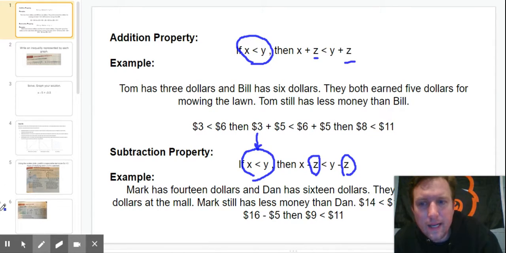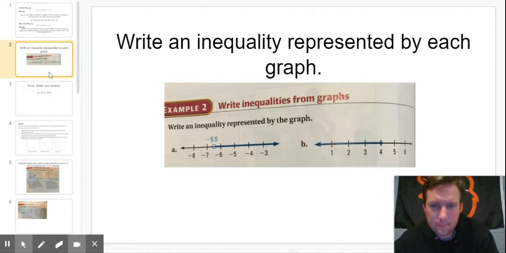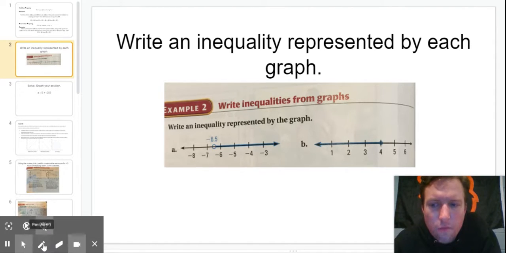Now, we can apply these to graphing. Here is a snapshot from our textbook, example number 2. We're going to be writing inequalities from graphs today. It says write an inequality represented by the graph. A couple of things that I want to go over before we start.